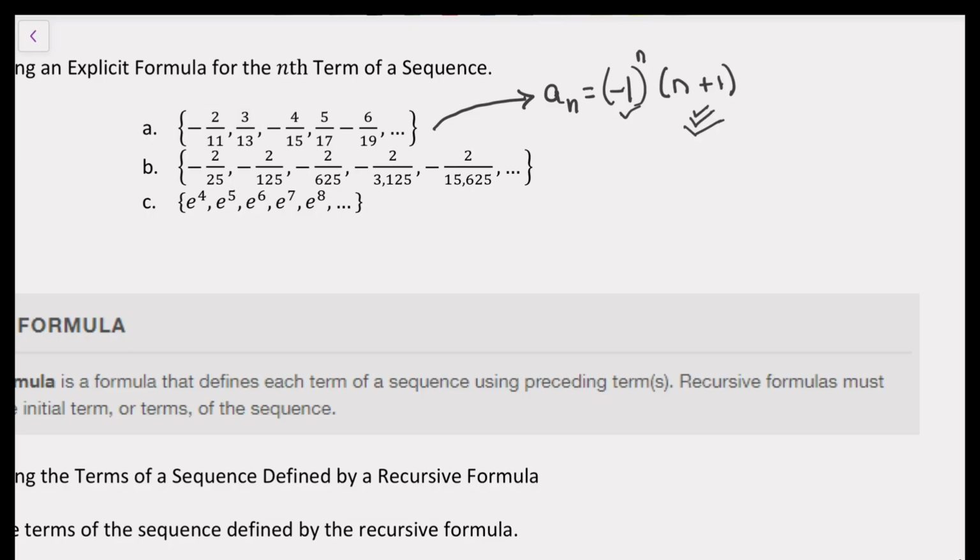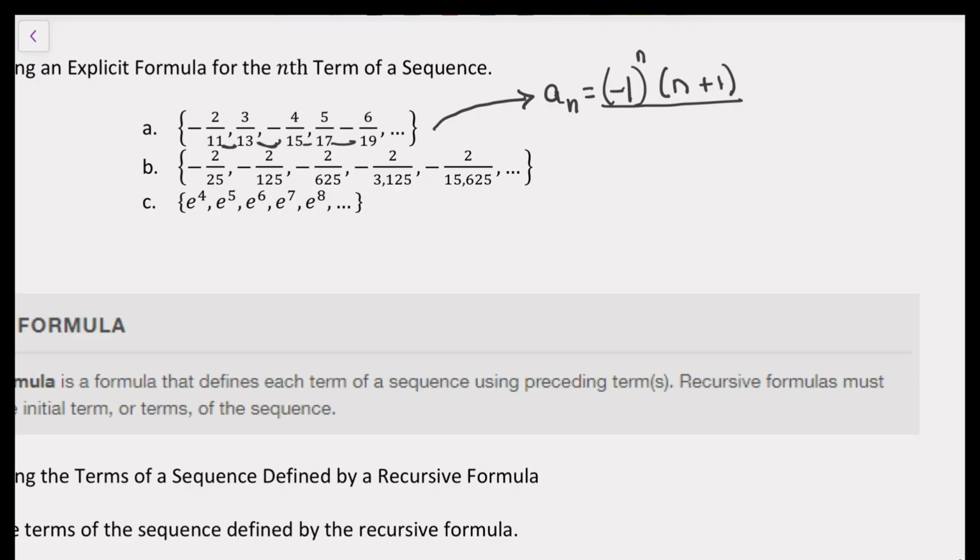Now let's talk about the denominator. The denominator needs to be 11, and then 13, and then 15. So, let's see. Little trick to the trade. If this gap is consistent, and it is, that gap is 2.